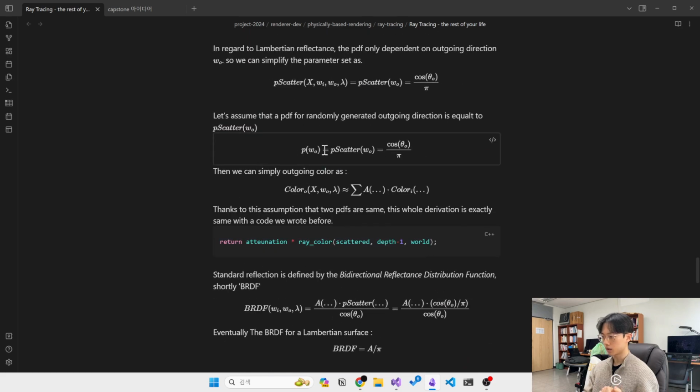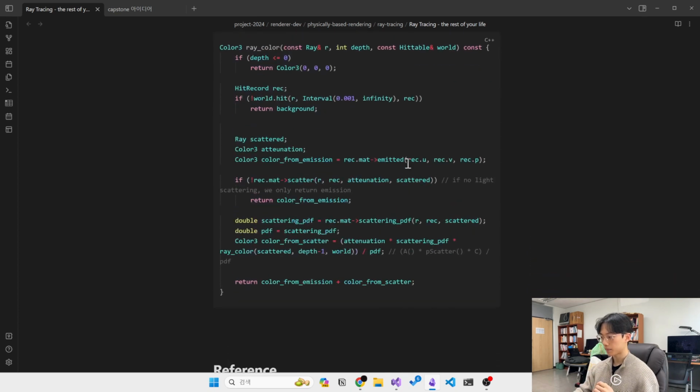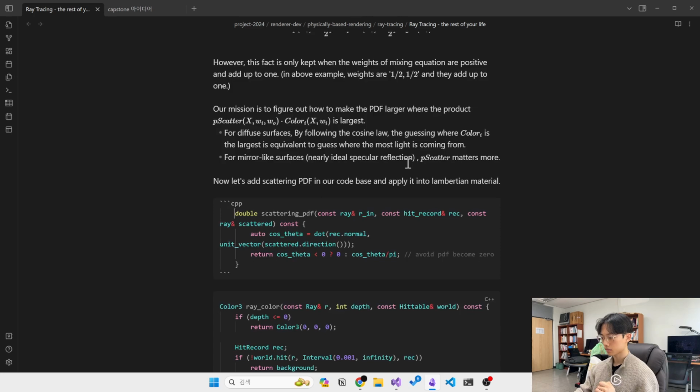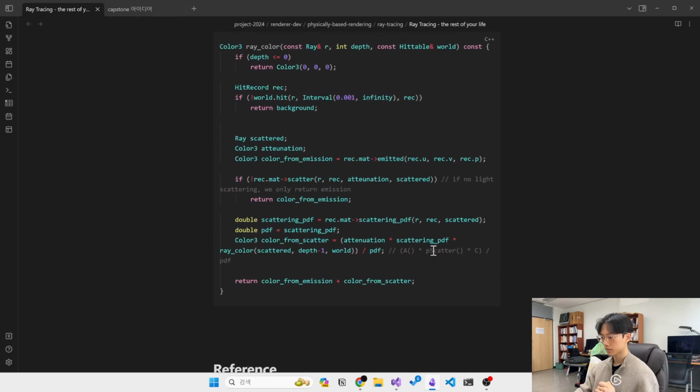Remember that we got the integral of p scatter over the whole hemisphere, which is equal to cosine theta over pi. And for the last part, there is a newly changed set of code. After we get the scattered direction, we use that in the scattering PDF.